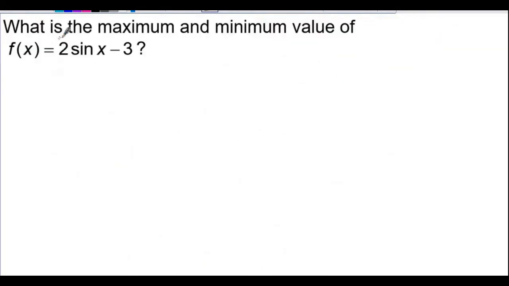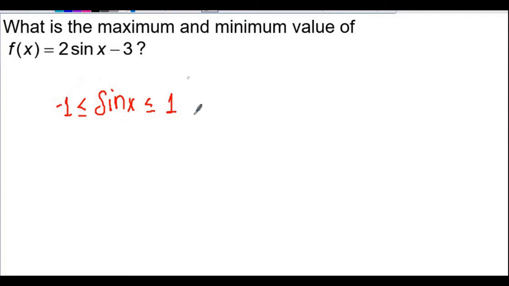This is the next example. What is the maximum and minimum value of f of x? F of x is 2 sine of x minus 3. Let's remember this fact: sine of x is less than or equal to 1 and greater than or equal to negative 1.